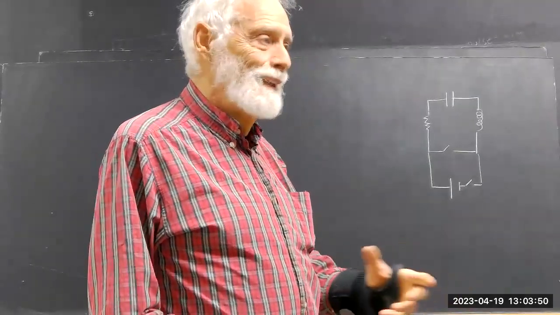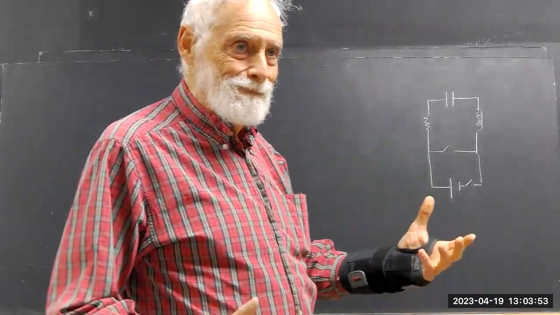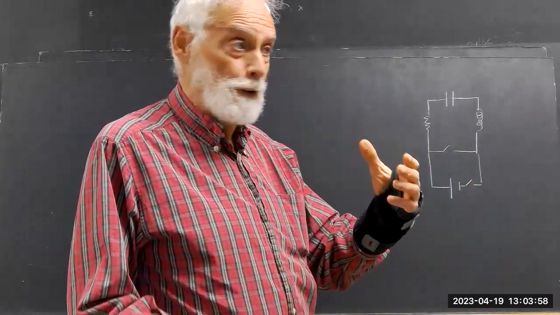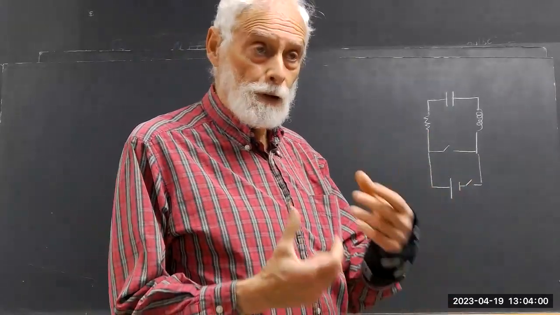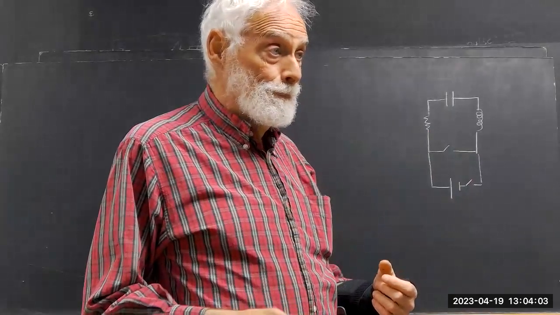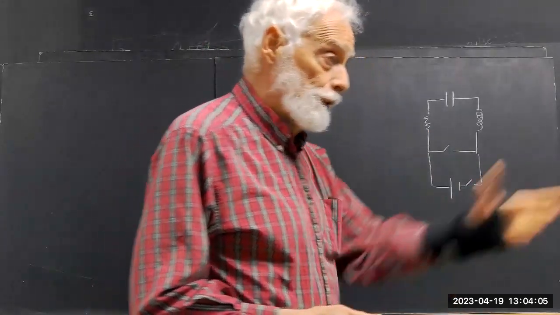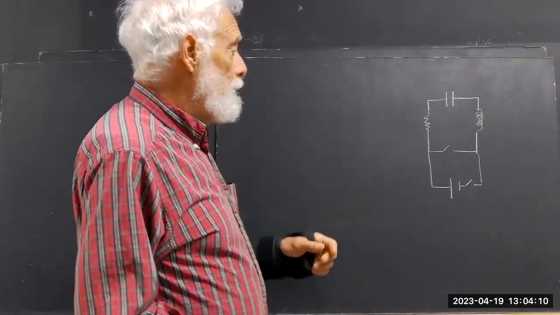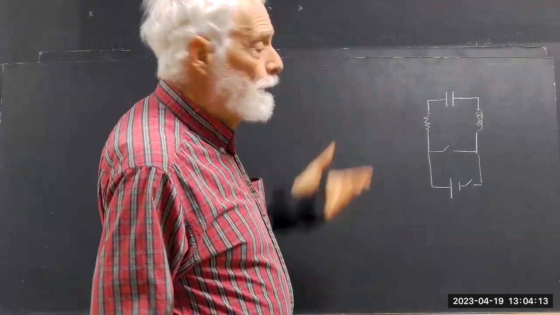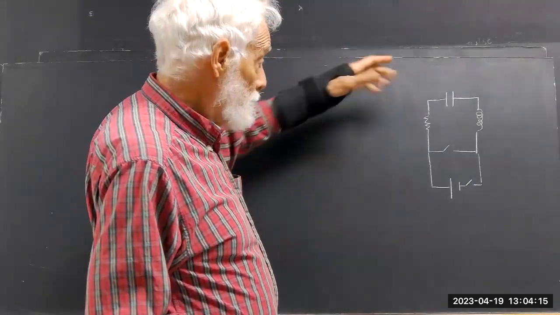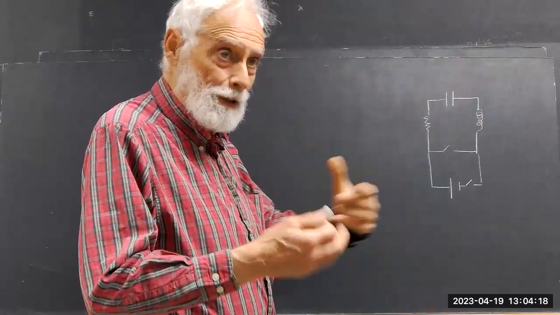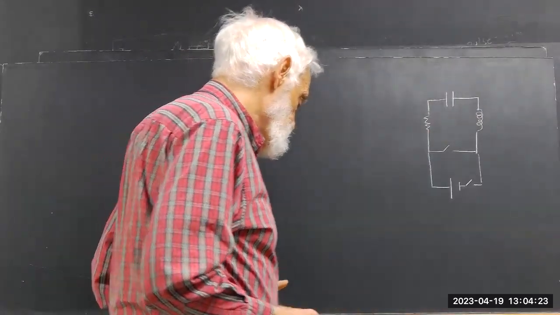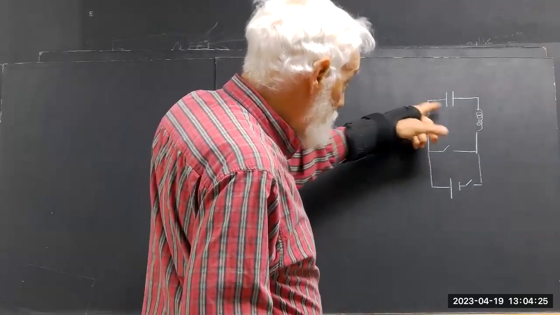Well, now that spring dissipates some heat and you've got some air resistance. It's not going to oscillate by itself forever, but it might keep going for quite a while if you've got a good quality spring. But you have to keep driving it. You set up a circuit that drives this thing and keeps adding energy at the right frequency. It's the natural frequency in the circuit.